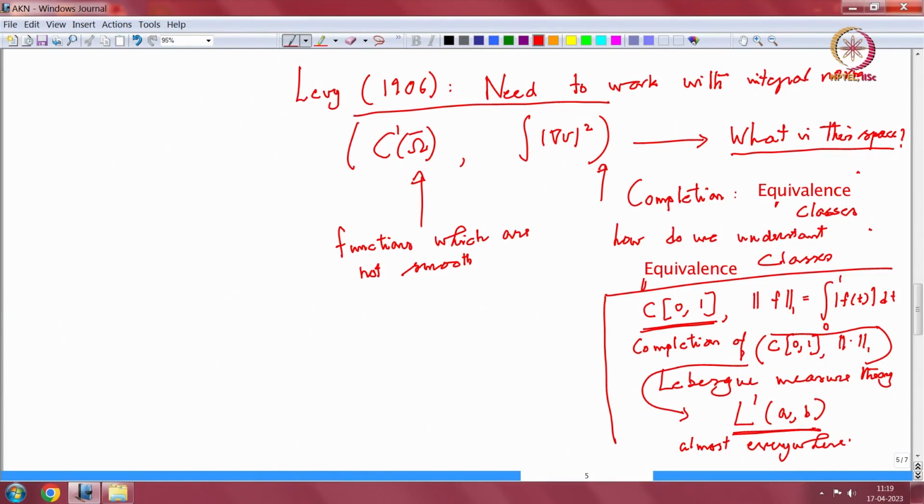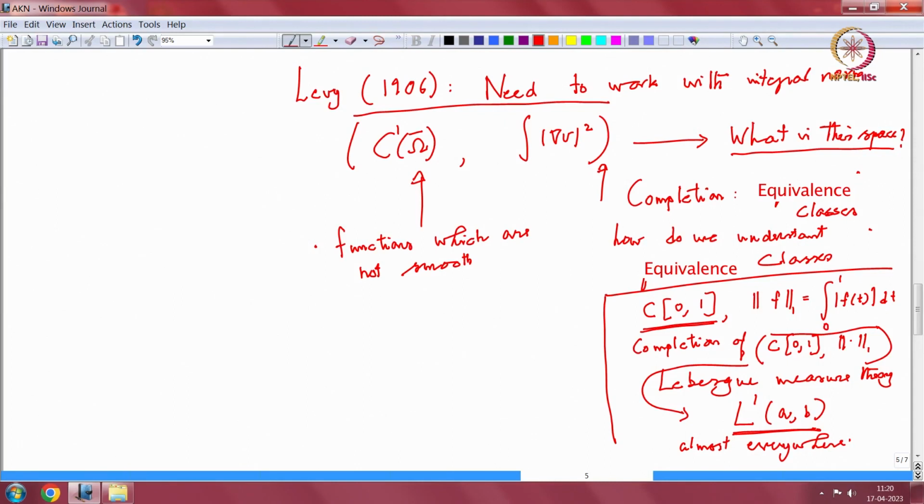The property of the norm, that is integrability, is what is preserved here. So the issue is that f is not smooth. Our f n started in C1 of omega, but then you will have non-smooth functions, while our underlying property is differentiability. F in C1 means it is continuous and differentiable.